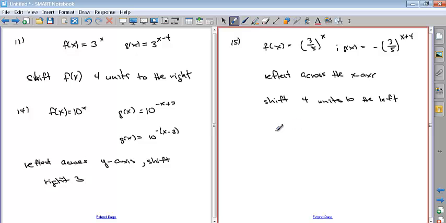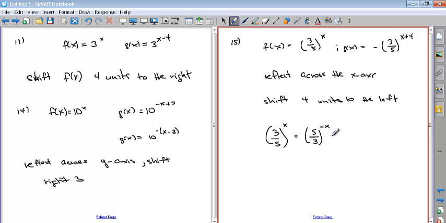We saw that 3/5 to the x was the same as 5/3 to the minus x. And the reason is, we took the reciprocal and then we changed the sign here from positive to negative. We saw those were the same function. And why is that?